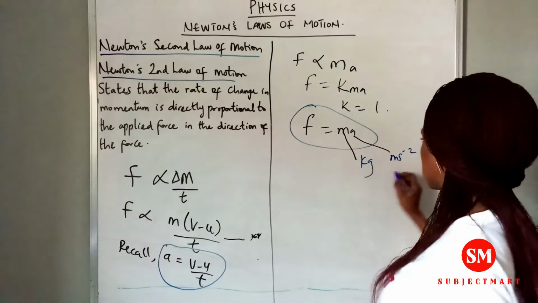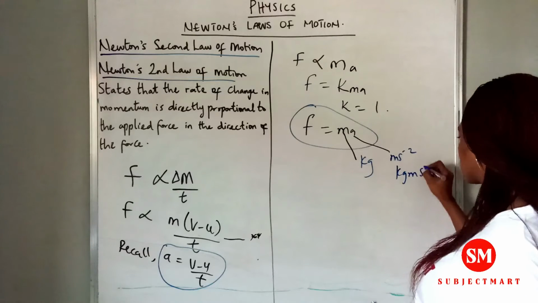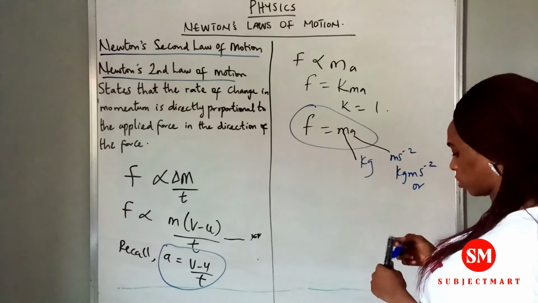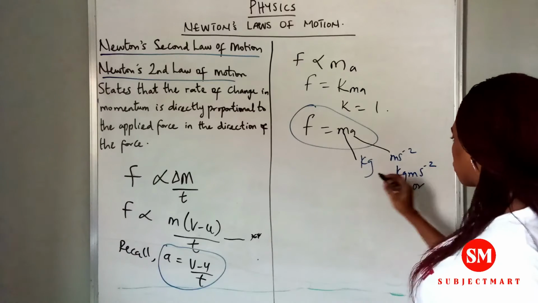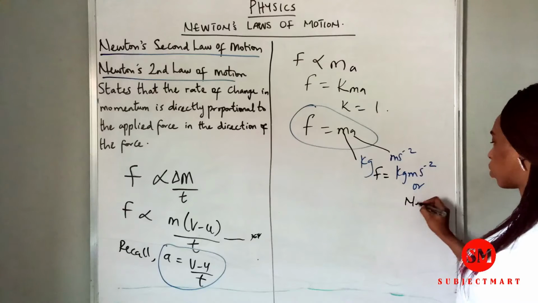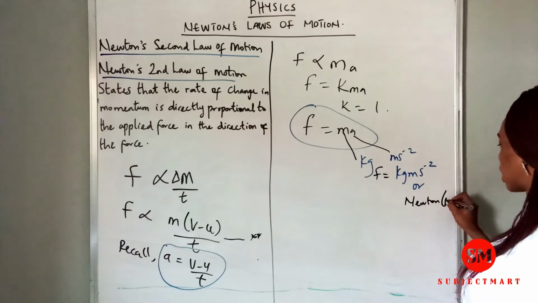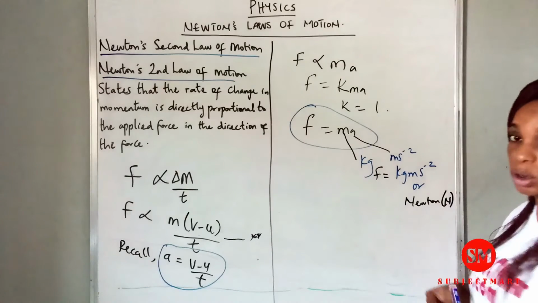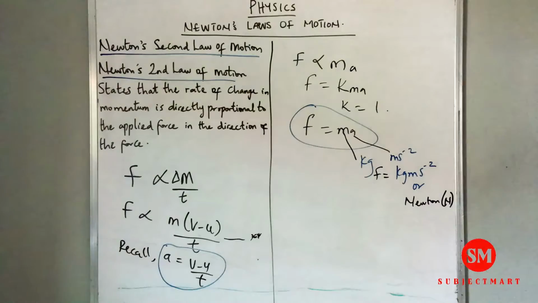So the unit is kilogram meter per second squared, or Newton. So force has this unit, either this or in Newton, which equals capital N. So we are going to be looking at one or two examples using Newton's second equation of motion.